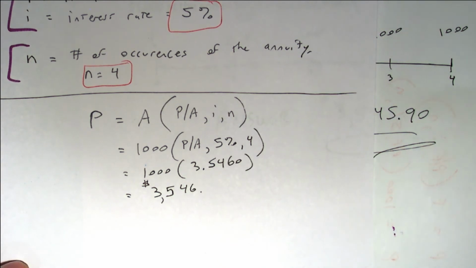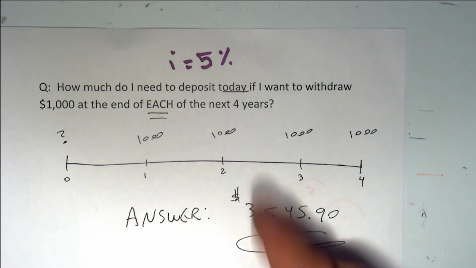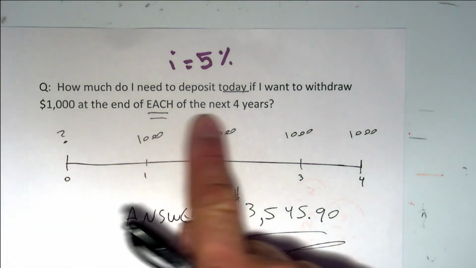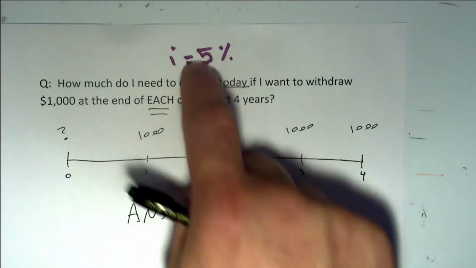Let's look back at our original problem. How much do I need to deposit today if I want to withdraw 1,000 at the end of each of the next 4 years? Interest rate is 5%.